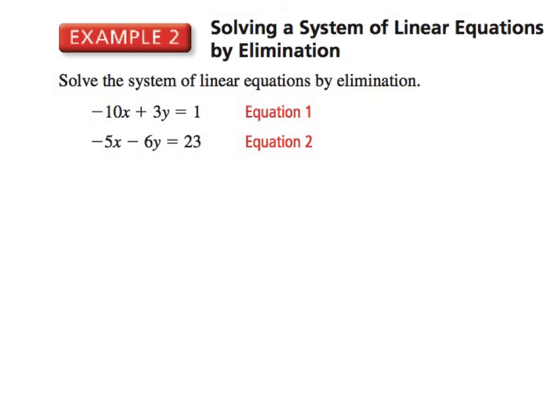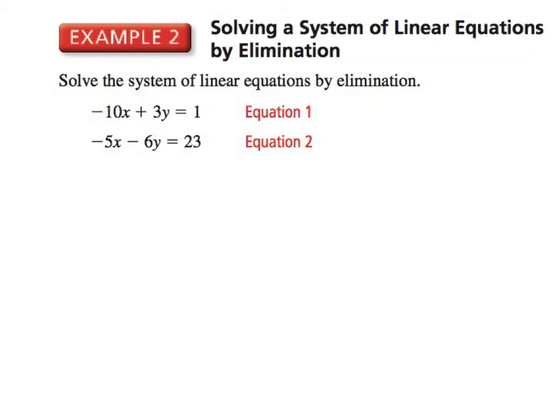Now in example 2, we have the following equations. Negative 10x plus 3y equals 1, and negative 5x minus 6y equals 23. Now, everything is in standard form. Everything is lined up. So what I'm going to do is I have to determine, do I want to eliminate my x's, or do I want to eliminate my y's?